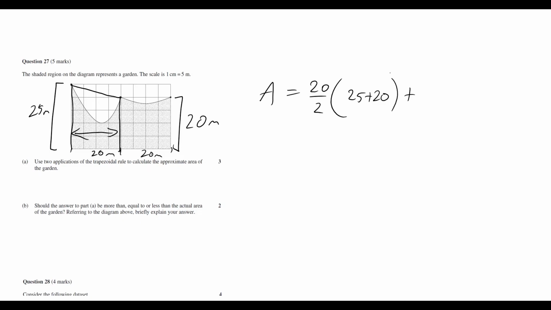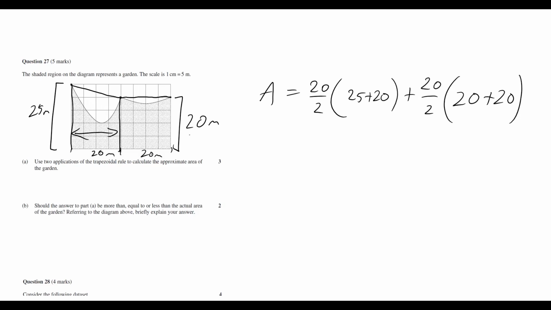And now for the other half, we would have, again, 20 over 2, this time 20 plus 20 on the inside. And that actually just gives us this rectangular section here. Or square section even, I should say.